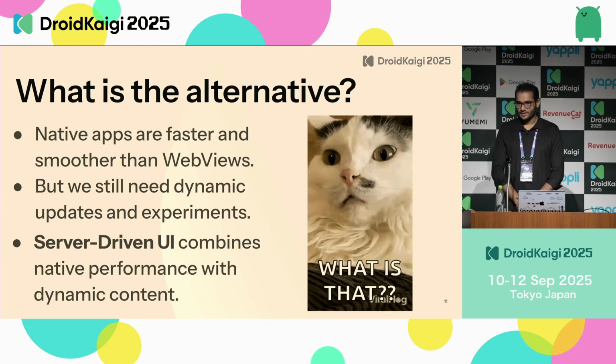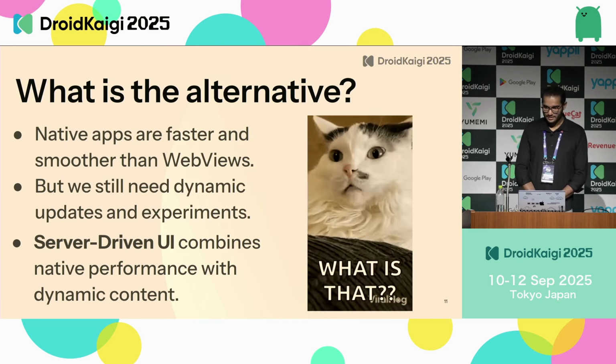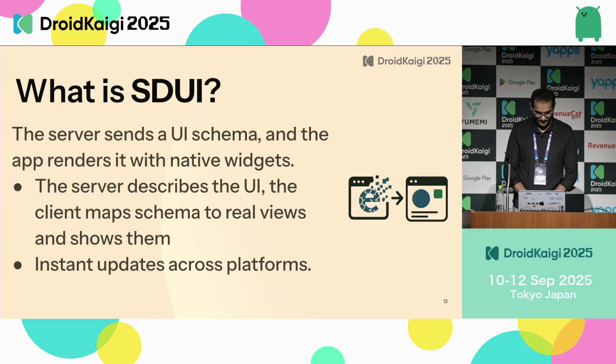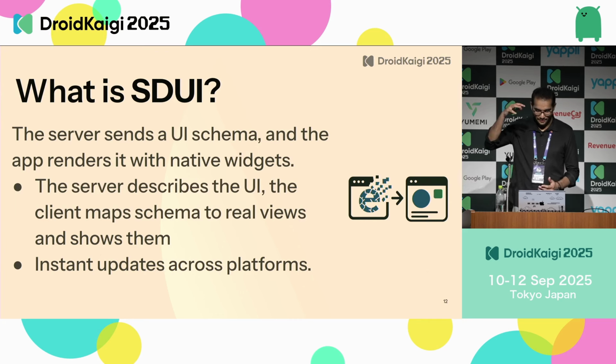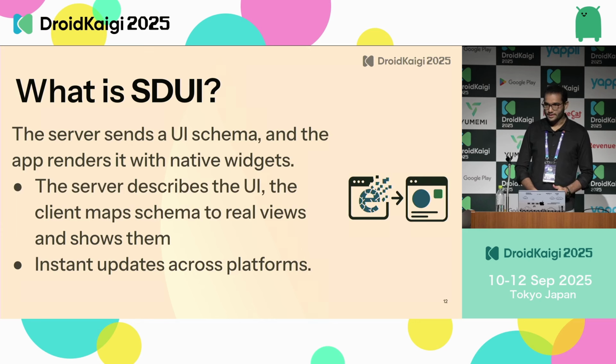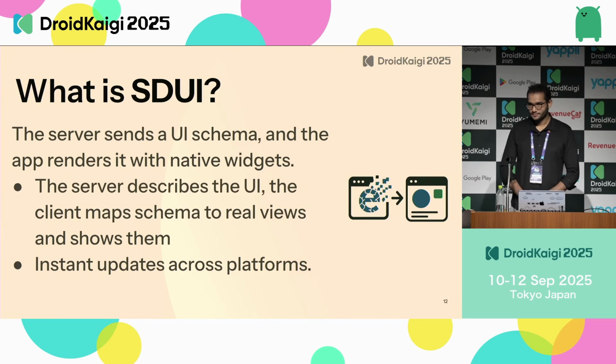But SDUI, what's that? Let's see. In simple words, server-driven UI or SDUI is a setup where the server tells your app what and how to display. Remember how here.